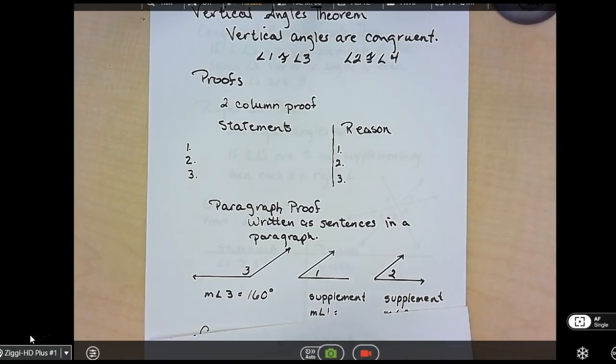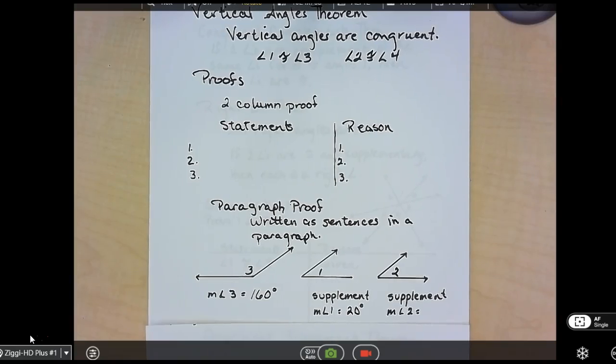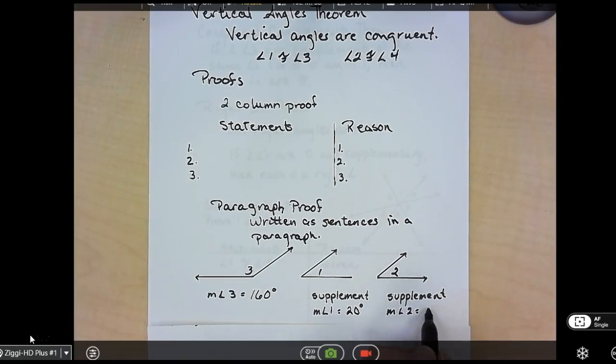Measure of angle 1 would be 20 degrees because they have to add up to 180. If angle 3 and angle 2 are supplementary, what's the measure of angle 2? You're already going, of course, it has to be 20. That's a silly question.